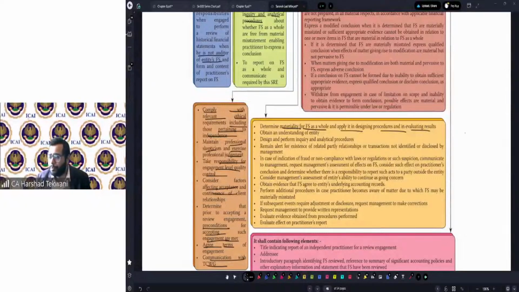Come on, guys, very important question. For limited assurance procedures like inquiry and analytical procedures, how will you define materiality? It is written that we determine materiality for FS. How?